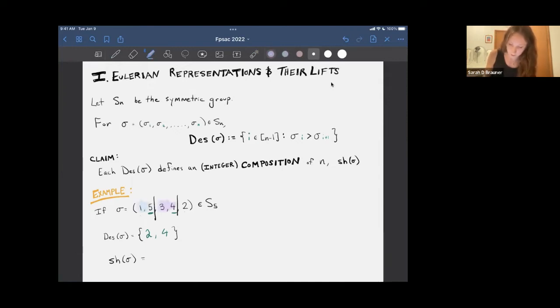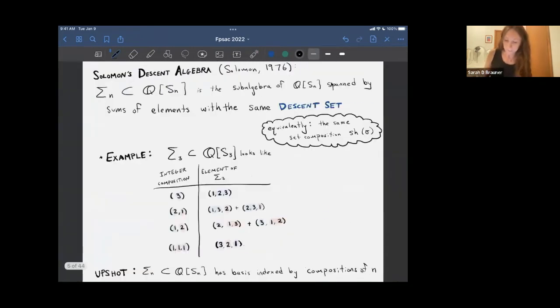I'm shading them in here. This tells me that my composition is going to be 2, 2, 1, because I have parts of size 2, 2, and 1.